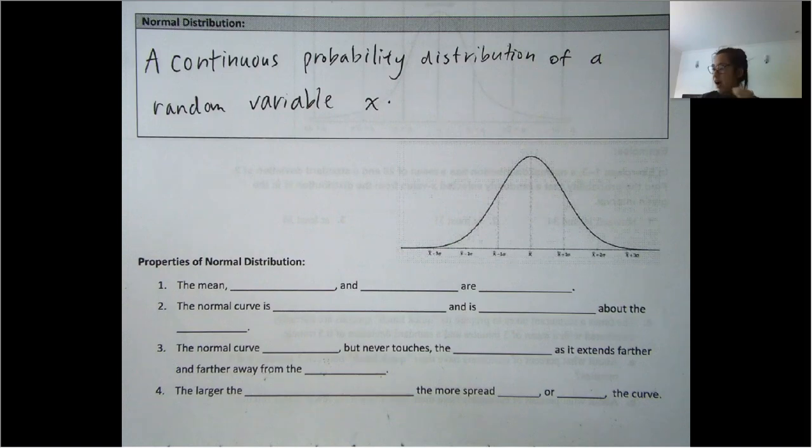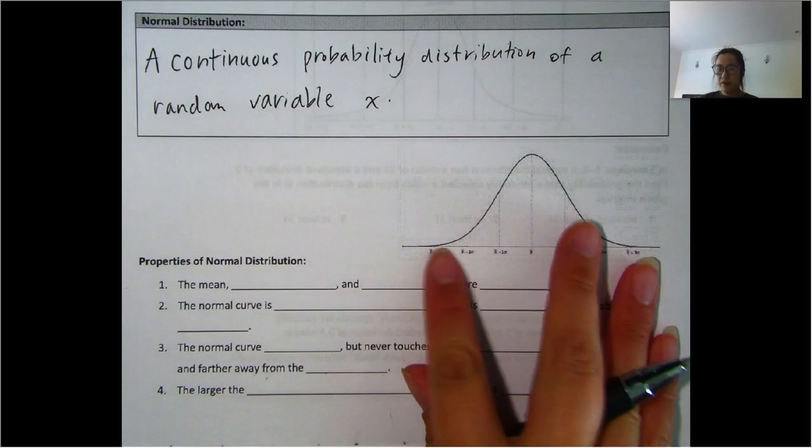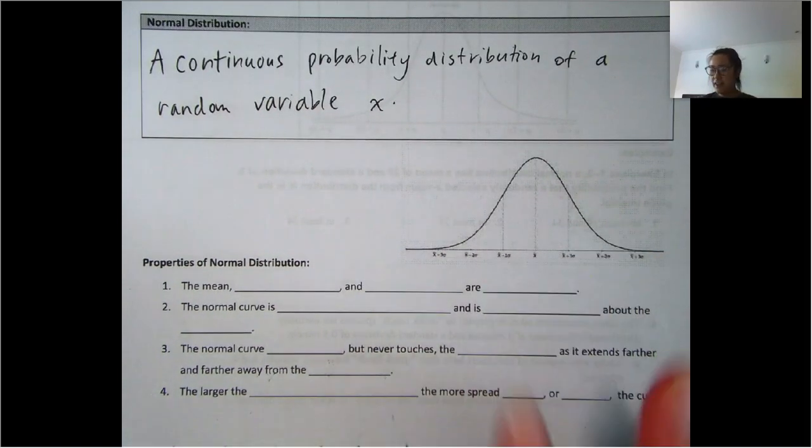Okay, and so of course the normal distribution is going to look approximately like this.